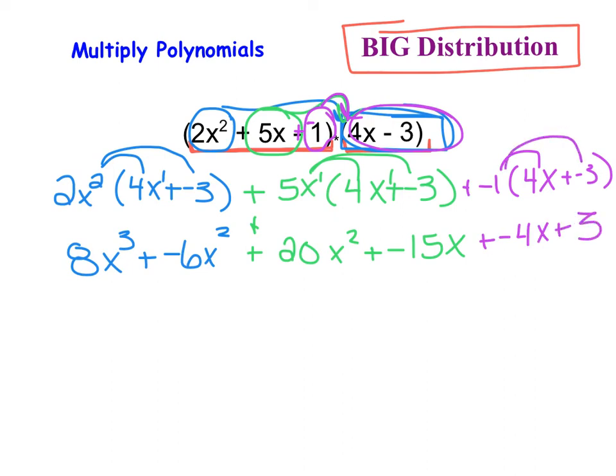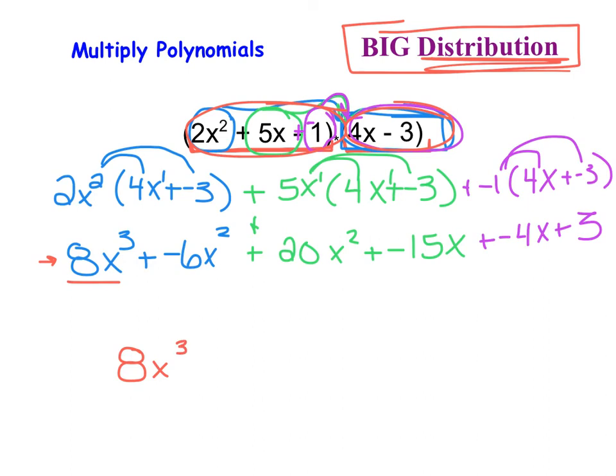So what I've done here is I've performed the distributive property on a pretty large scale. I took everything in this first polynomial and multiplied it by every term in the second polynomial, essentially distribution on a very big scale. So now that I've done all of my distribution, I want to simplify this statement by looking for any like terms. I start with my highest degree, x to the third, and I notice that there aren't any more x to the thirds, so I'm just going to write it as 8x to the third.